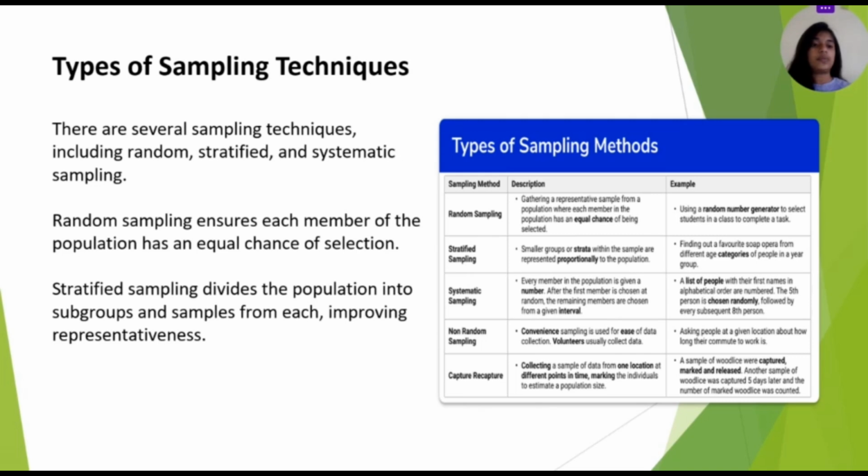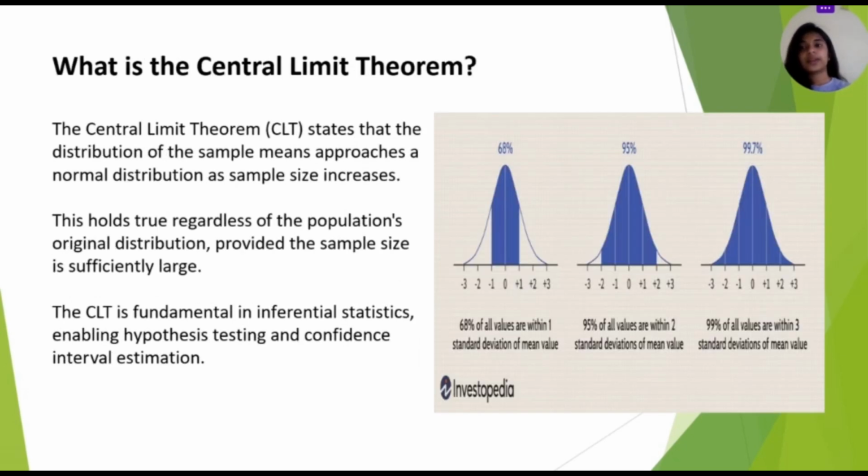Example, a sample of woodlice were captured, marked, and released. Another sample of woodlice are captured 5 days later and the number of marked woodlice are counted. So this is about the types of sampling techniques.